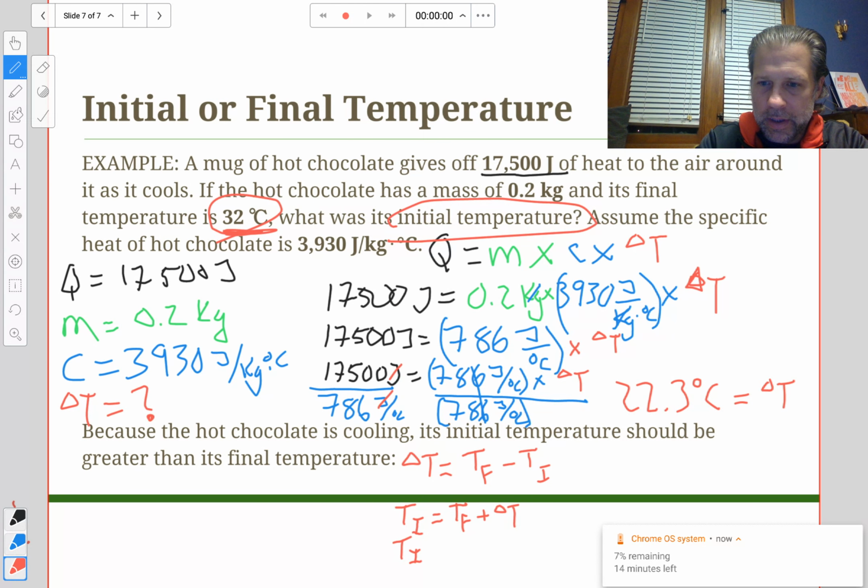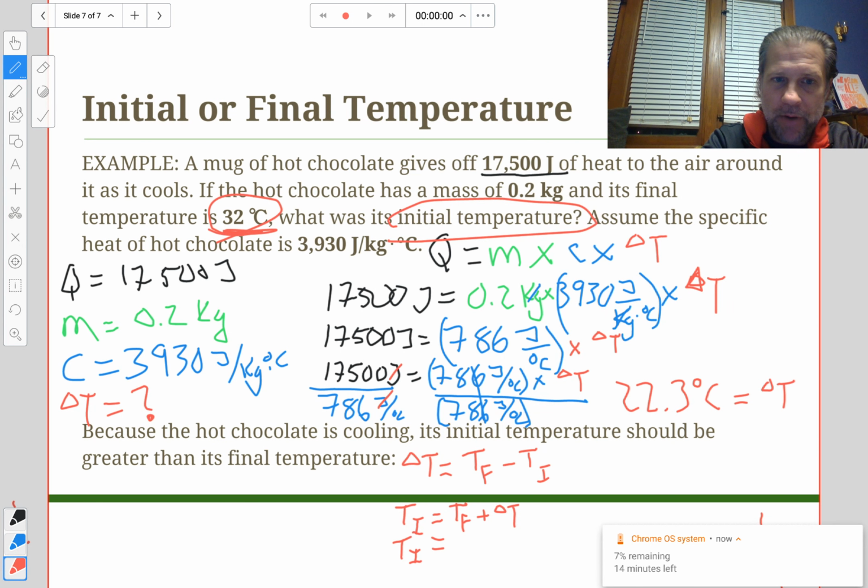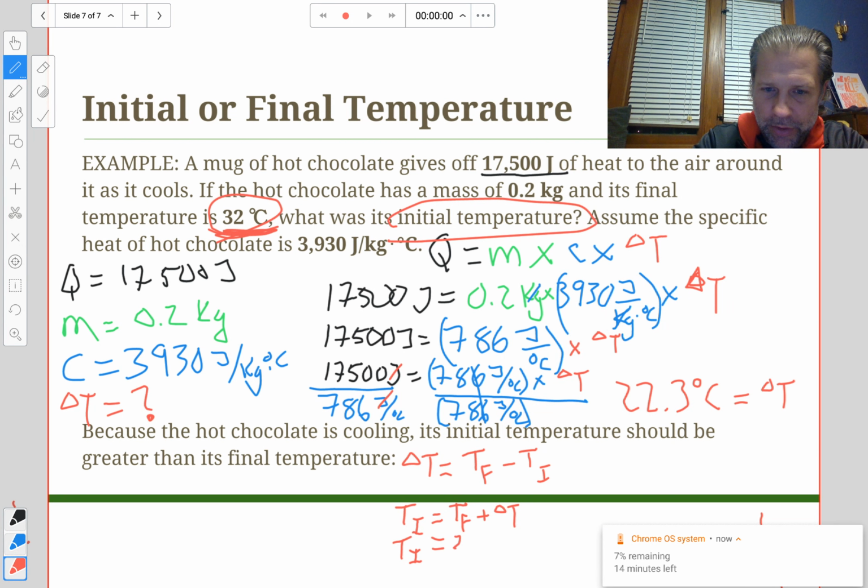Okay, so for Ti, I find out that the final temperature from the problem was 32 degrees Celsius, and the change in temperature was 22.3 degrees Celsius.